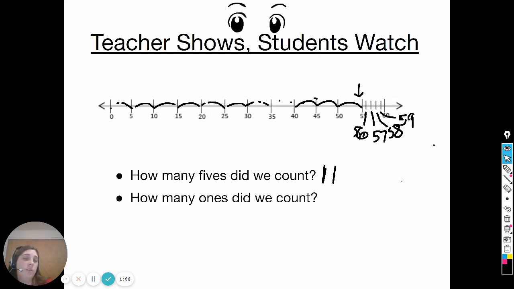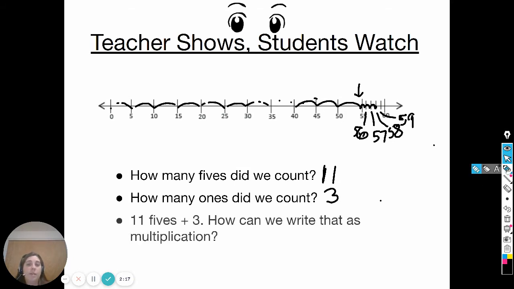How many ones did we count by? Well, 58 is this third one here. So we had to count by ones. 1, 2, 3 times. So 11 fives plus 3.